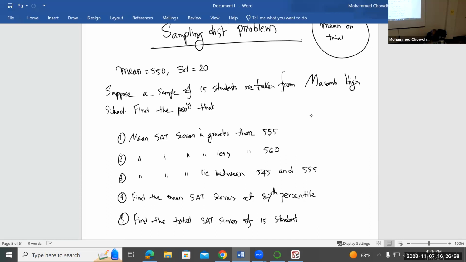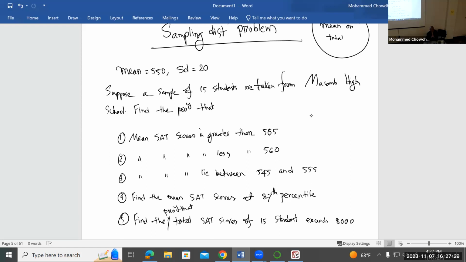Find the probability that the total SAT score of 15 students exceeds 8,000.